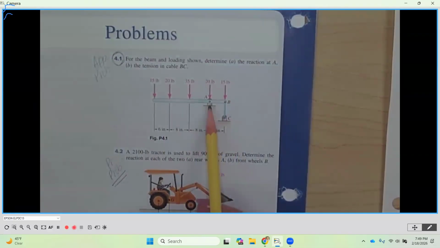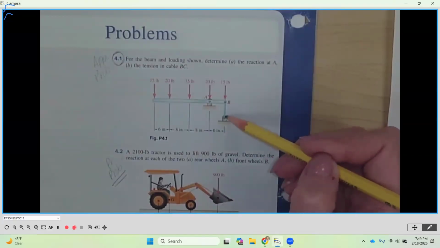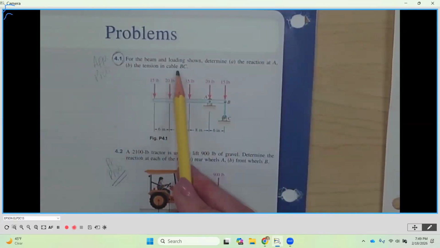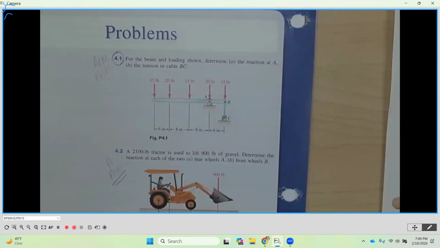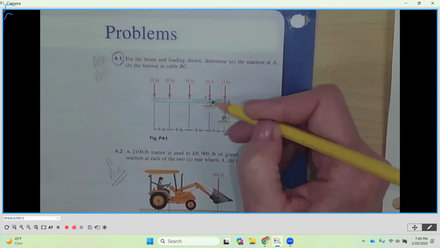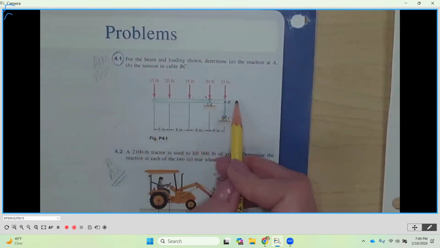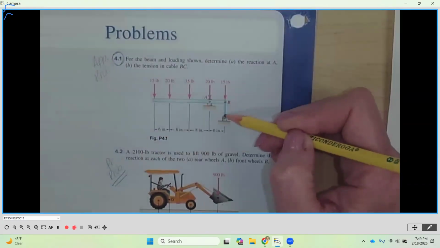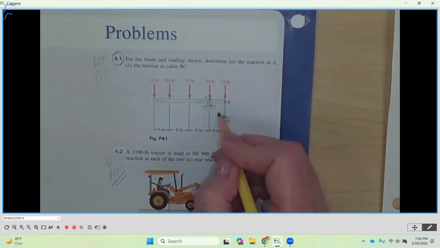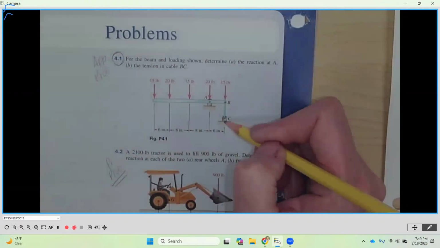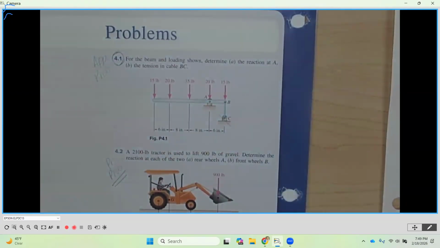They are supported at A and at B. It looks like B is a cable and A is a pin. You could do this problem and just make sure that you represent the cable as a force going down, pulling away from the body in the direction of that cable. The body is the rod or the beam here. C is not part of the equation because that's just connecting the cable to point B. So that would be one that you could start working on.